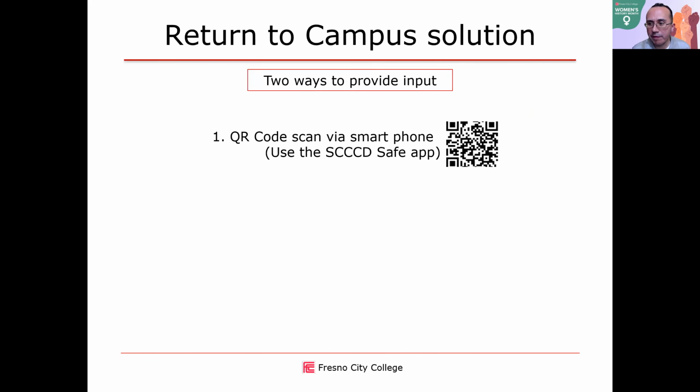So again, there are two ways to provide input. One of them is the QR code safe app. I took a picture of the QR code for one of the buildings just to put it in here, but the actual QR code page in every single building has a QR code that looks like what you're seeing on your screen now, and the name of the building as well. Do notice that exact precision doesn't need to occur for QR code purposes.